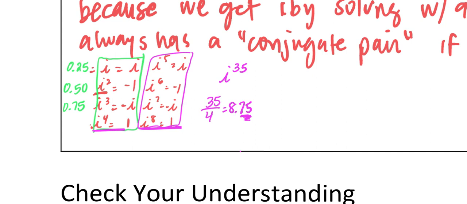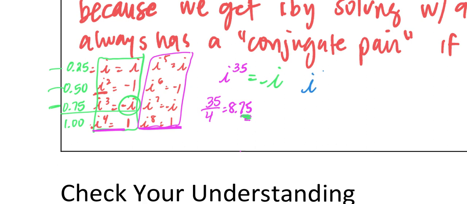And then your fourth one is 4 out of 4, so it's like 1. So if you have a leftover of 75%, that means you did 1, 2, 3, the third item of the pattern. So i to the 35th would be negative i.